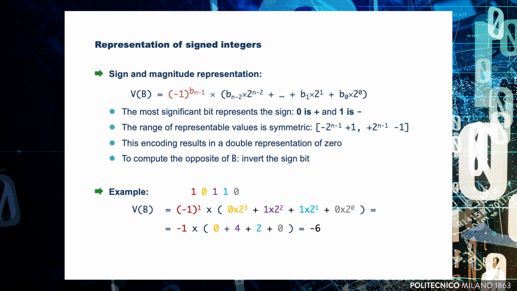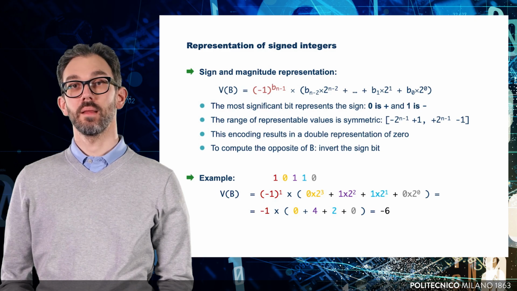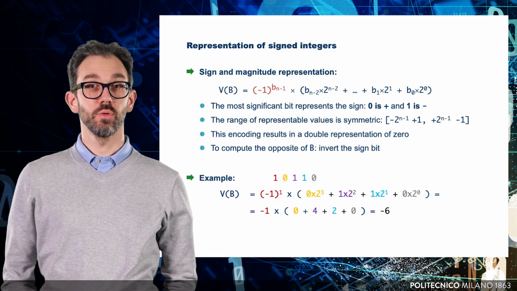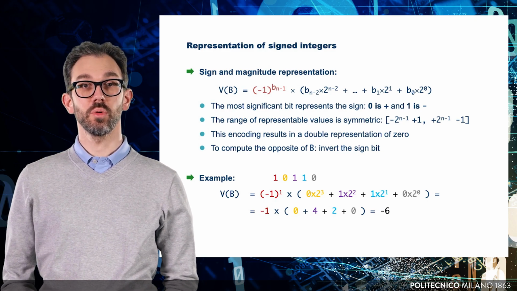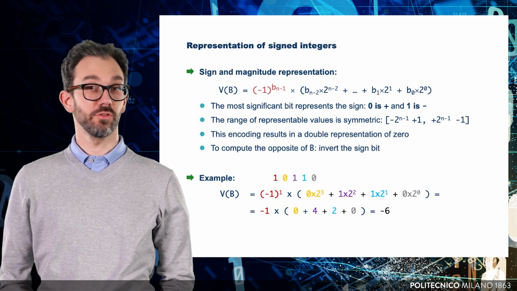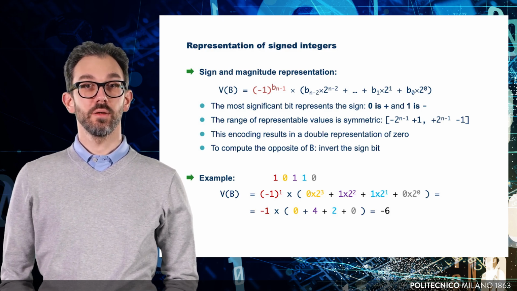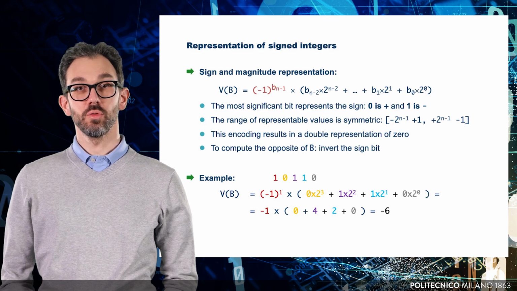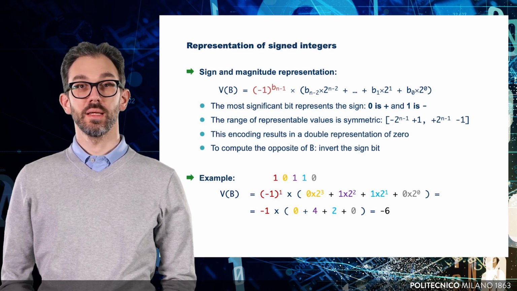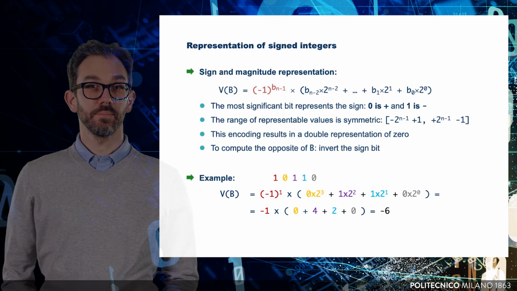This representation allows encoding values in the range from minus 2 to the power of n minus 1 plus 1 up to plus 2 to the power of n minus 1 minus 1. However, it introduces a double representation of 0, which occurs both with all bits set to 0 and with only the most significant bit set to 1 and the rest to 0. Finally, to compute the opposite of a number, it is enough to flip the sign bit.